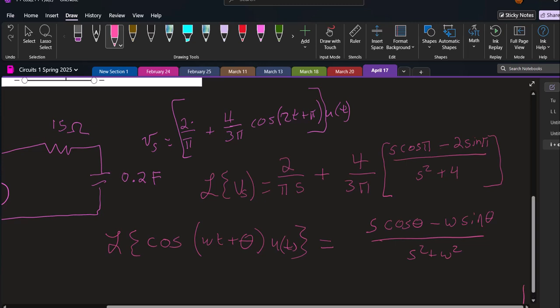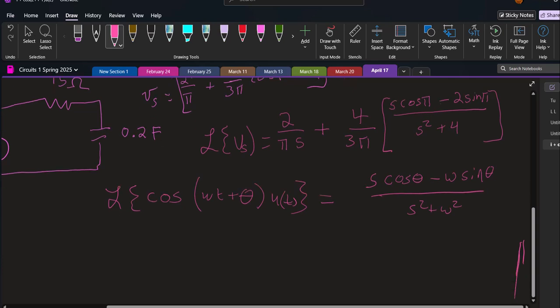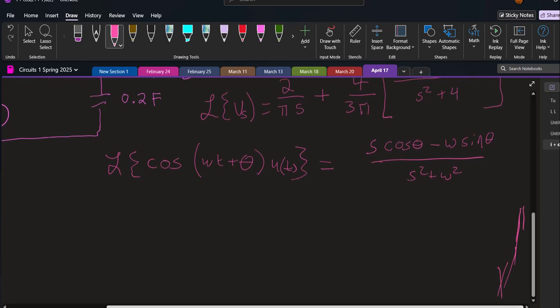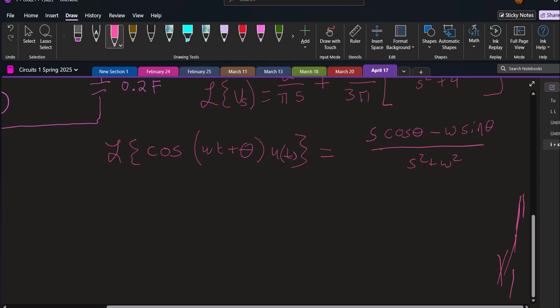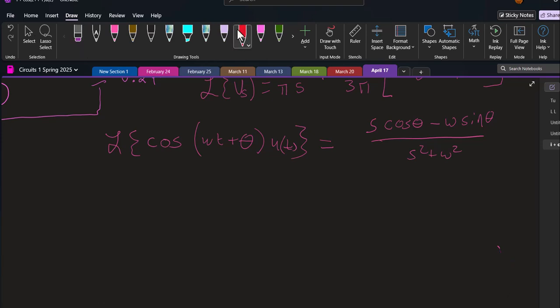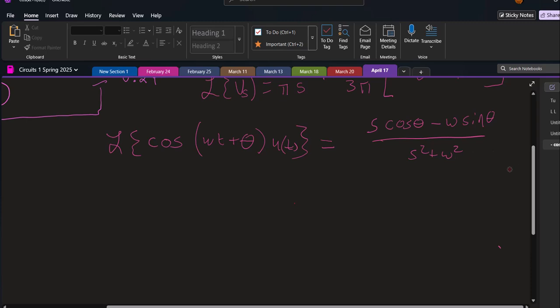OneNote hadn't been doing this to me lately where it refuses to scroll. I don't know why it does that sometimes. And I just have to keep adding little bits so it'll scroll a little bit. Okay. Is everything okay with that? Okay, applying the Laplace transform. All right, so now if I, come on. There's a little minimize thing. Does that do anything?